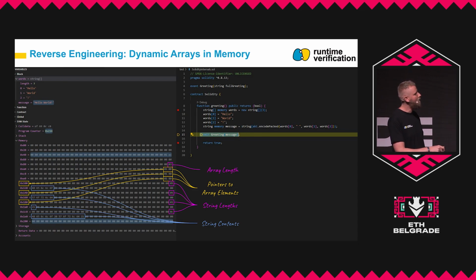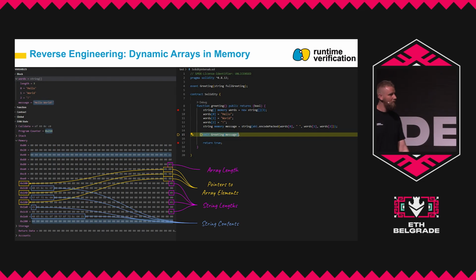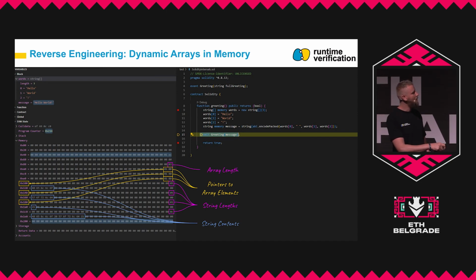And then this combined string, which contains an additional space, is C characters long, which is hexadecimal for 12. So you have a pointer pointing to the array element. On the array element, that stores the length of the strings, and the next word stores the string contents.